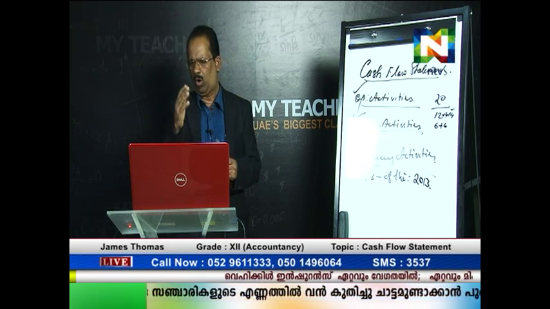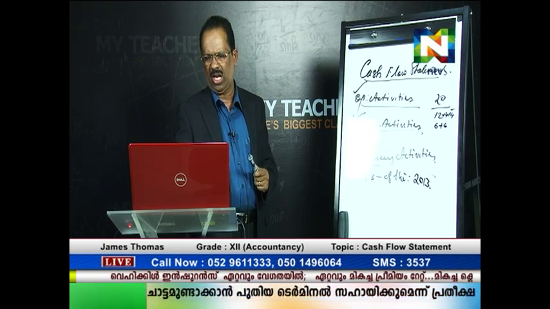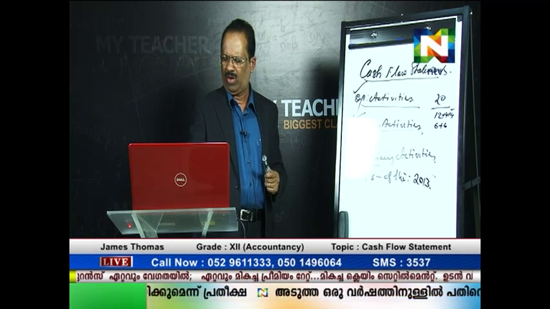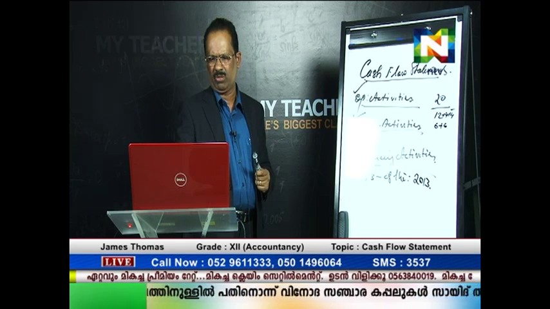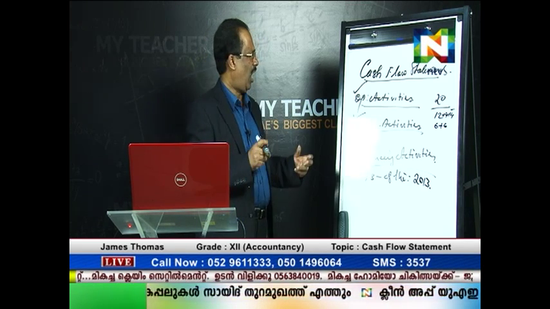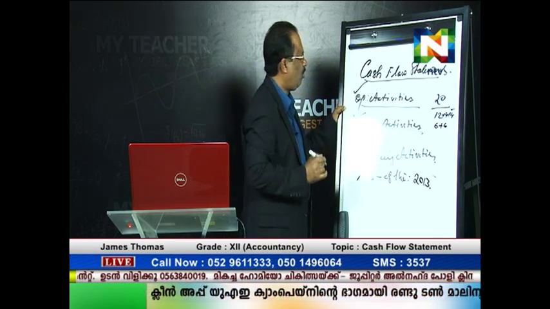That means operating activities, investing activities and financing activities. And what are the main objectives, and what are the advantages and disadvantages of the cash flow statement. As I already explained, the cash flow statement has three parts.